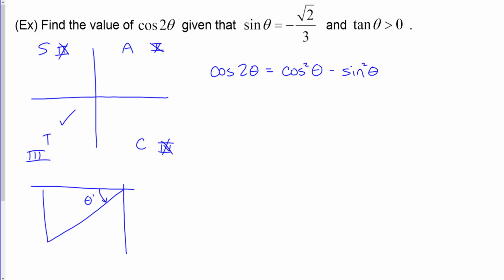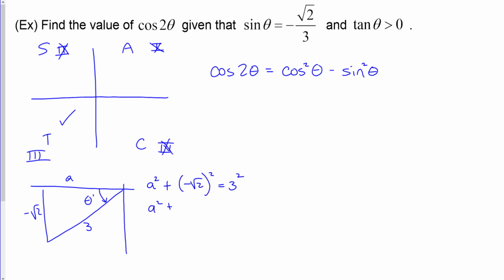The sine of that angle measure is negative square root of 2 over 3, and that is the opposite side over the hypotenuse. So I can figure out this length by doing a squared plus negative square root of 2 squared equals 3 squared.